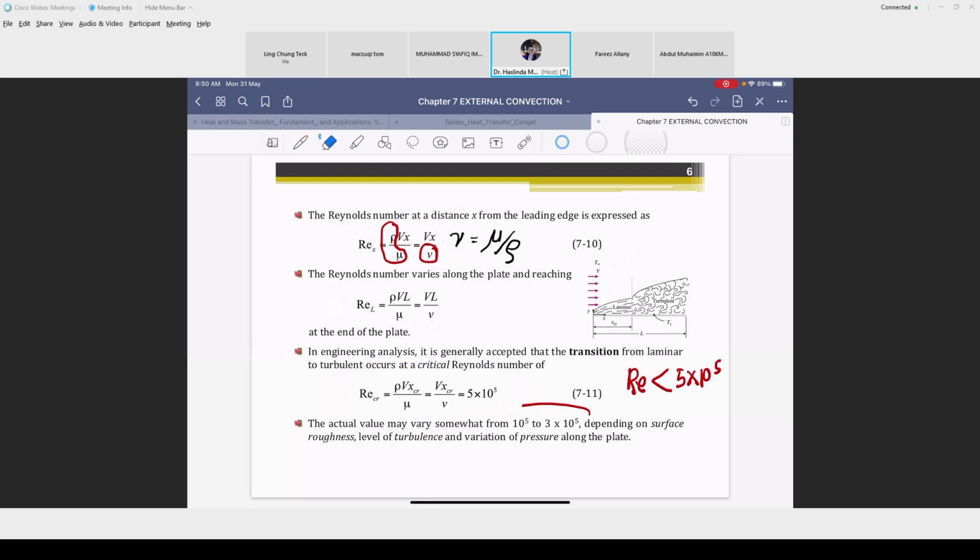Okay, this is still laminar, yeah, laminar. These are also laminar. Warna putih. Okay. Okay, what about turbulent? Okay, now remember, katalah you calculate, you find out your Reynolds number is less than 5 times 10 to the power of 5. Okay, that is laminar.